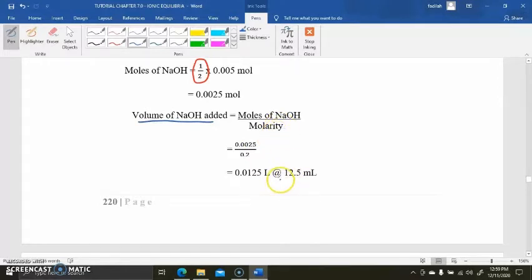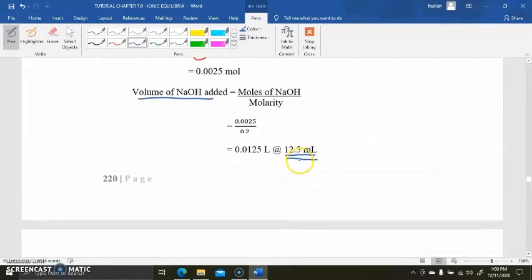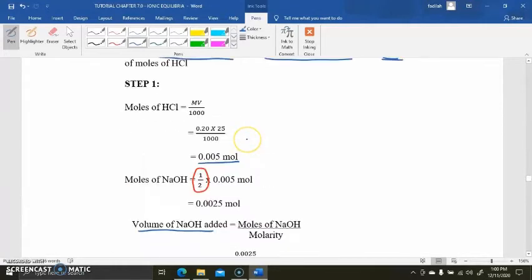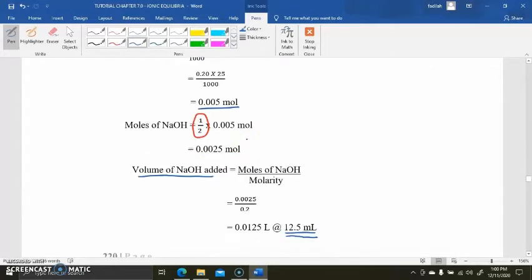Awak dapat volume of NaOH added pada half equivalence point adalah 12.5 ml. Kenapa kena tahu volume? Sebab nanti kita nak sketch the curve.